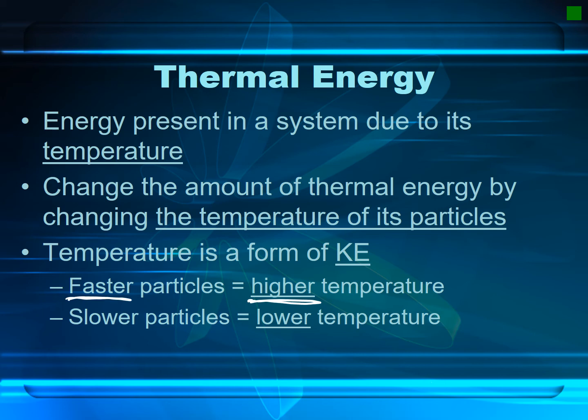If I want to lower its temperature, I am slowing those individual particles down. So they are all directly related. If you slow down the particles, you lower the temperature, which lowers your thermal energy. If I want to increase my thermal energy, I increase its temperature, I make the particles go faster. These are all direct relationships.